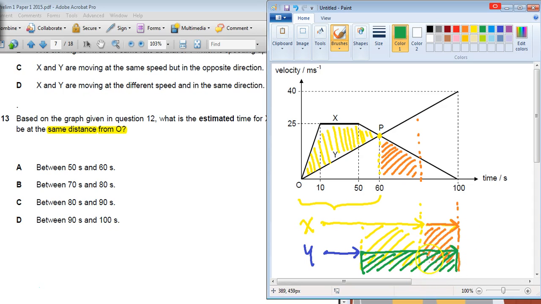Basically now, the green area must be the same as the combined area of yellow and orange.